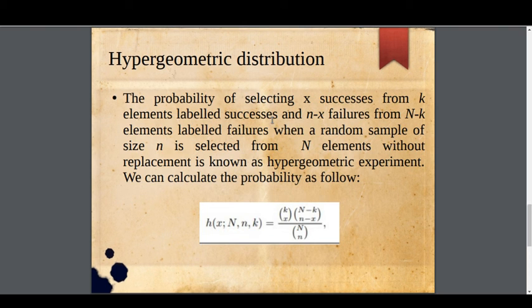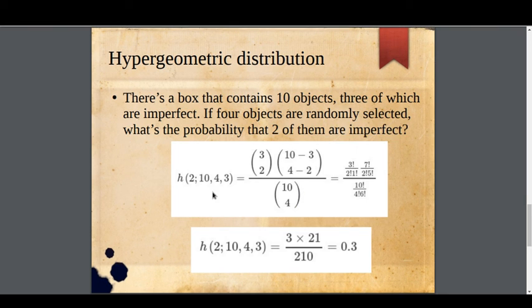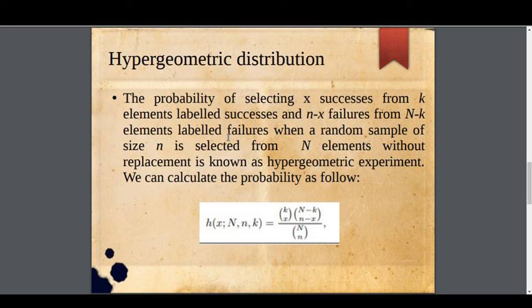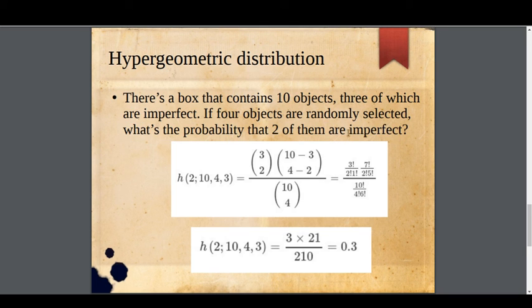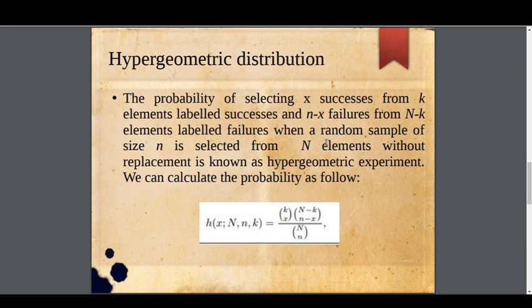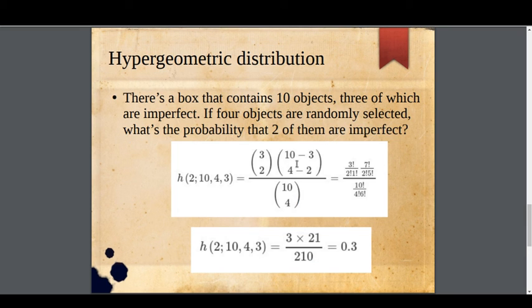Lowercase n is 4 because it is our sample. And what's K? K is the number of imperfect objects, which is 3. So now let's replace the values. K choose x: our K is 3, choose 2, which is our x.